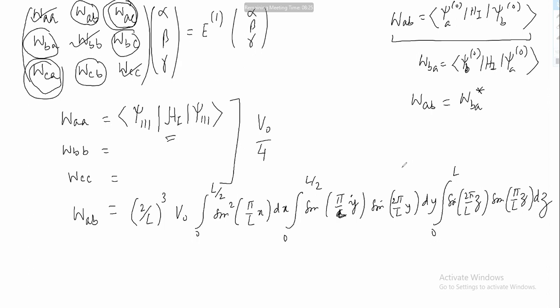What will be the wave function in this case? There are three regions, and the wave function is sine nx pi x by L times sine ny pi y by L times sine nz pi z by L. We are talking about the region 0 to L by 2.